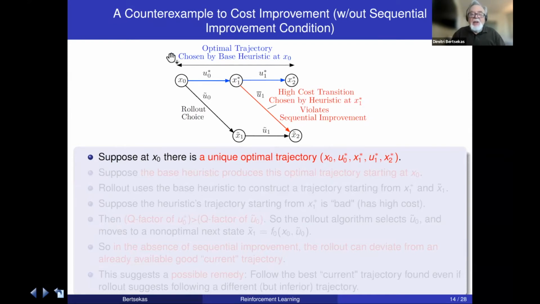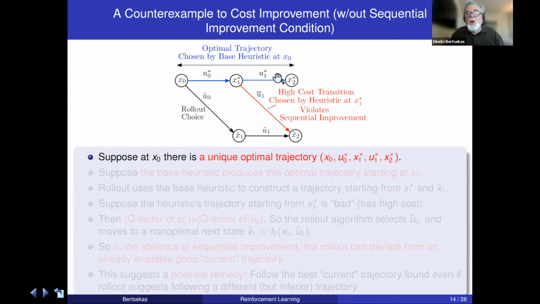And the other important thing about this example is that we assume that the top path, x0, u0 star, x1 star, u1 star, x2 star, this trajectory is the optimal trajectory, the unique optimal trajectory for this problem, okay?